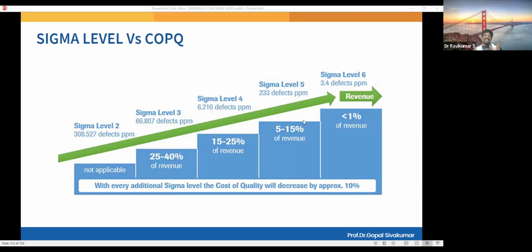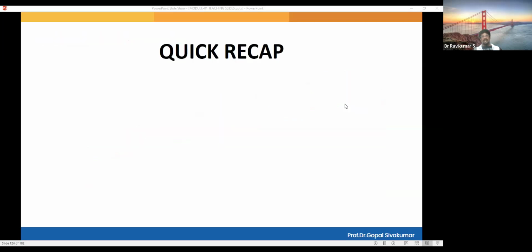So cost of poor quality is just eating your profit, eating your revenue. Why can't you reduce it? Just do a Six Sigma project and move up the levels so that the cost of poor quality is claimed as your revenue. When you reach Sigma level 6, obviously your yield is 99.99966%. You must be happy with that, right?